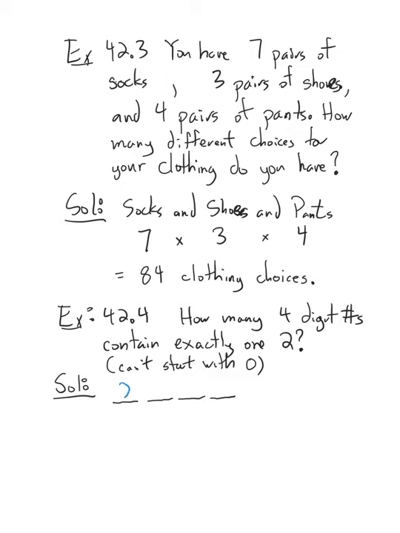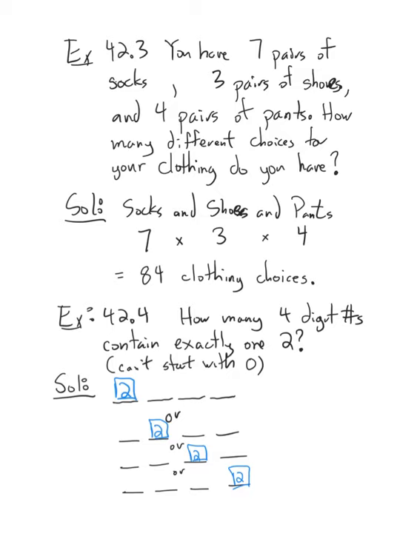It can go in our first spot, or it can go in the second spot. Let me write down a few of these. It can go in the second spot, it can go in the third spot, and it can go in the fourth spot.